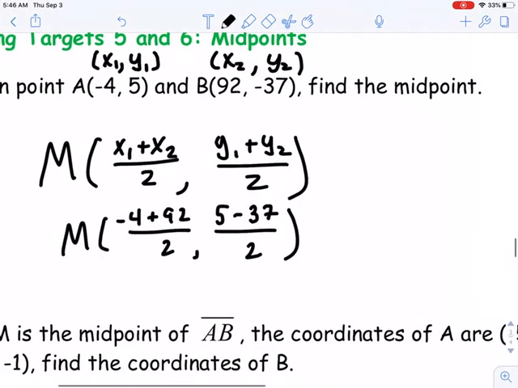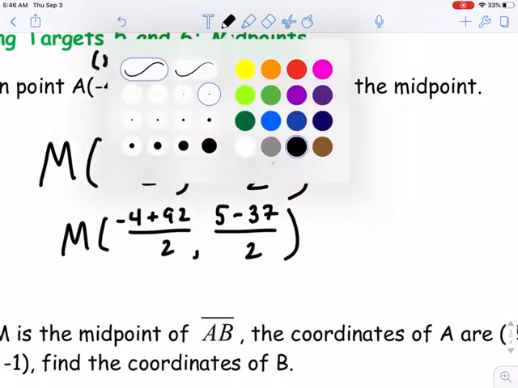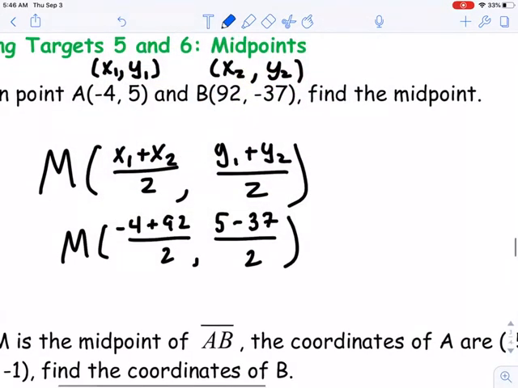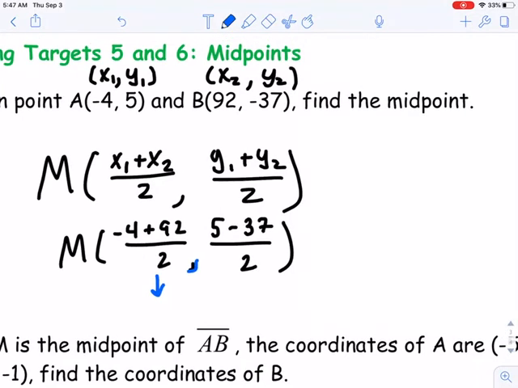And just some fun facts, if we plug this into a calculator, this is an ordered pair, and notice how this is a comma, we don't add these together. But anyways, if you plug this into a calculator, it's going to look like -4 plus 92 divided by 2. And this would look like 5. I have to put parentheses around things so it does the correct order of operations.